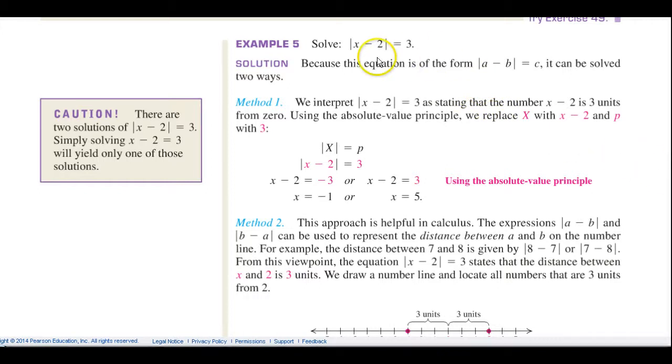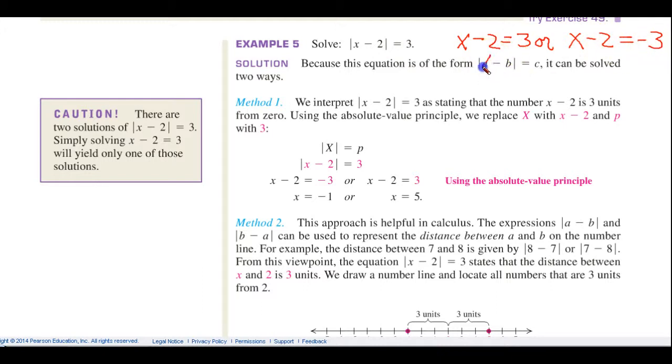Again, we want to develop a strategy for solving these. So we're going to go x minus 2 equals 3, or x minus 2 equals a negative 3. We're saying this would equal a positive value, and this would equal a negative value.